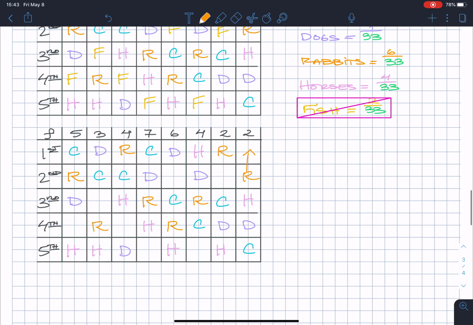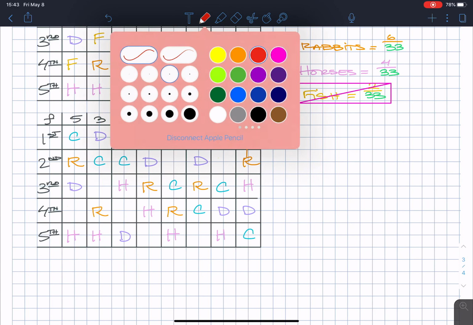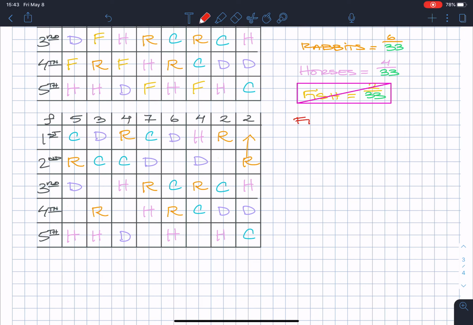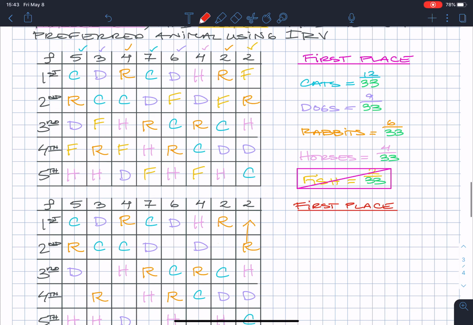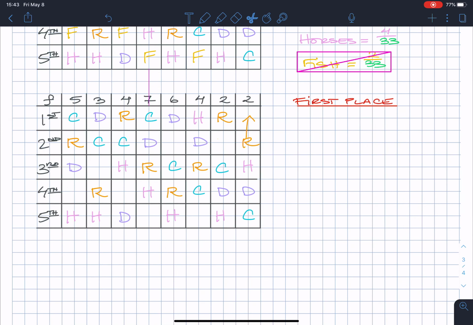Okay, so let's look at the first places again. First place. First place. Do you know what? I might want to move this down just a bit. Depends on how much space I'll have, but let's move this down just one.